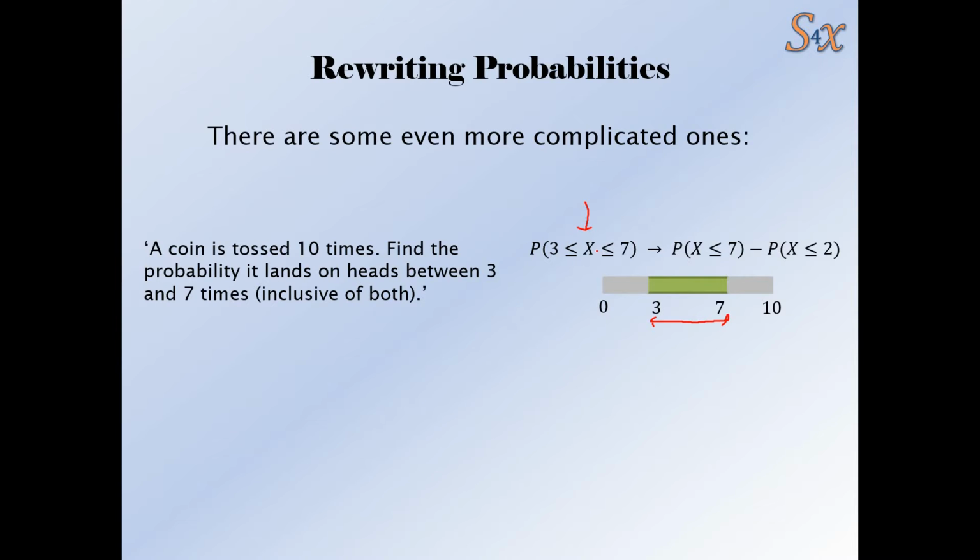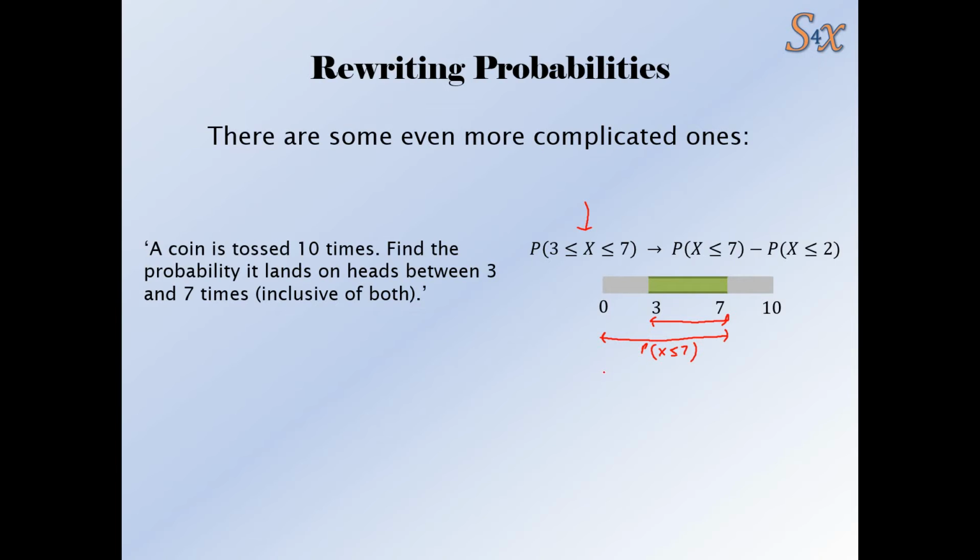Once you've written this bit, we have to figure out how to actually write that just with less than or equal to signs in 2 separate probabilities. Well, we could say we'll take this whole bit here from 7 all the way down to 0. Okay, so that's the probability x is less than or equal to 7. And we'll say, right, we've got most of the bit we want.